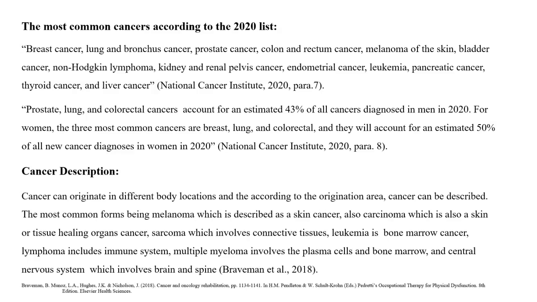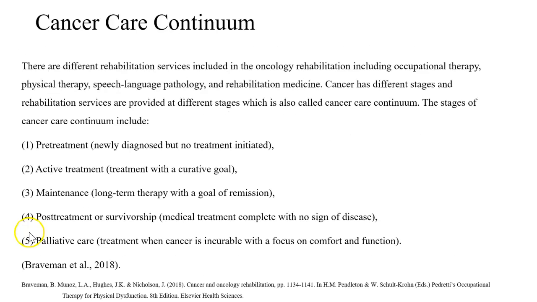Sarcoma, which involves connective tissues. Leukemia, which is a bone marrow cancer. Lymphoma includes the immune system. Multiple myeloma involves plasma cells and bone marrow. Central nervous system cancers involve the brain and spine. So the area where it originates defines the name of the cancer.